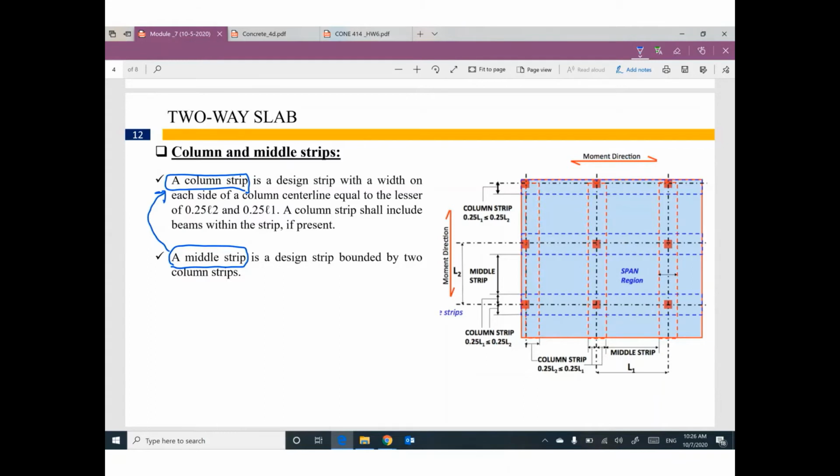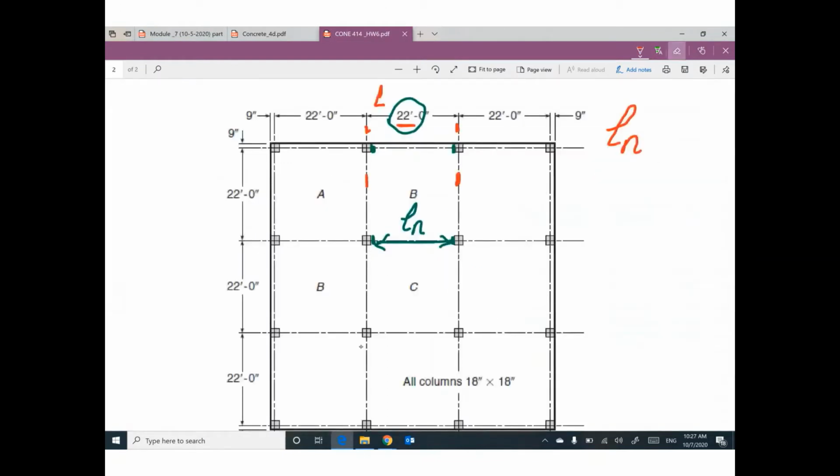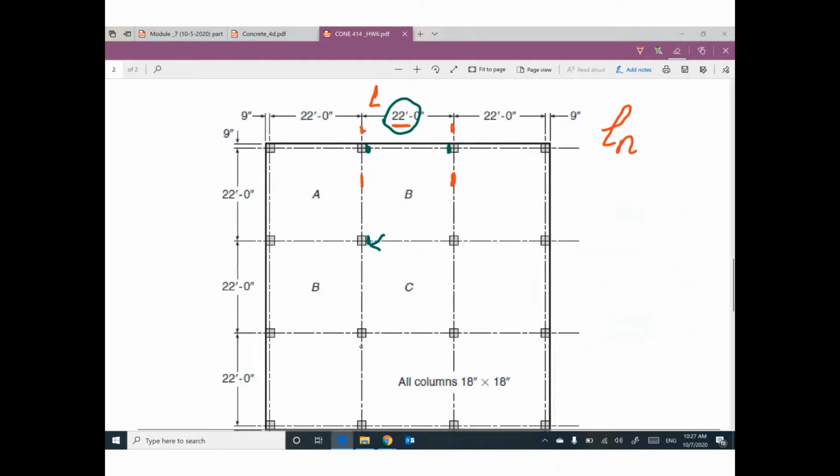So guys, what do you think? Column strip, what is the meaning of column strip? From the name, column strip, what does it mean?